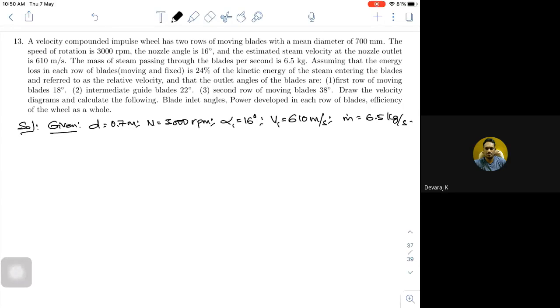See the blade angles, the outlet blade angles of the first row of moving blades. What is going out is actually beta 2. So beta 2 is 18 degrees.